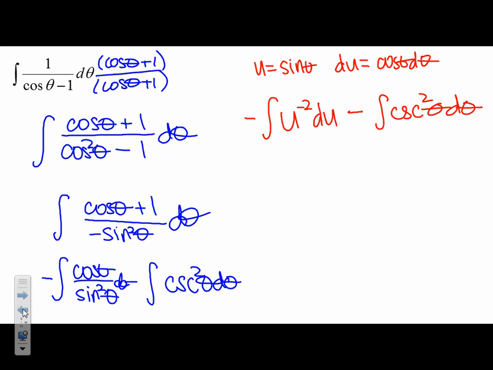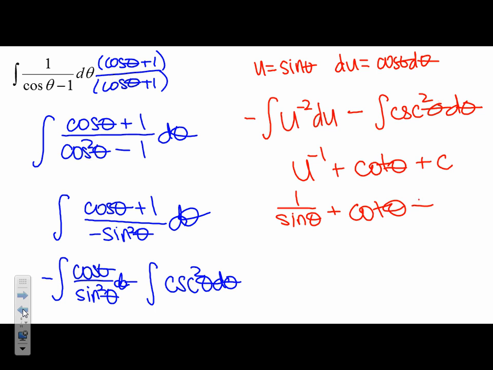So when we integrate, this just goes to positive, right? Minus a negative cotangent theta, right? So we have plus 1 over sine theta plus cotangent theta plus c, which I would prefer you to write cosecant theta plus cotangent theta plus c.